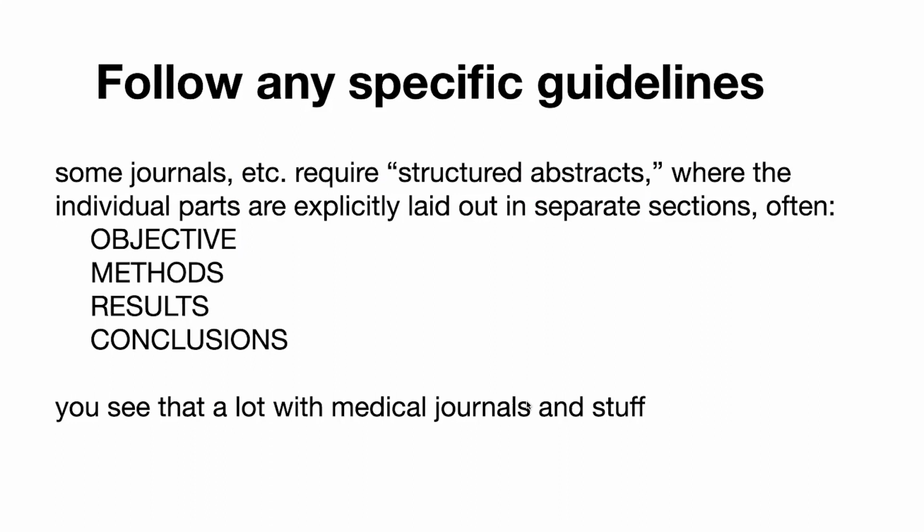You see this a lot with medical journals, not so much with general science journals like Nature, Cell, eLife, Science. We typically have unstructured abstracts, which are more of a summary paragraph. But if they require a structured abstract, then you'll want to use one. If they don't specify, then you probably don't want to.